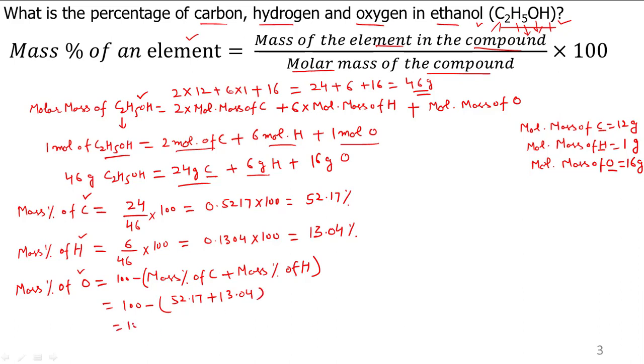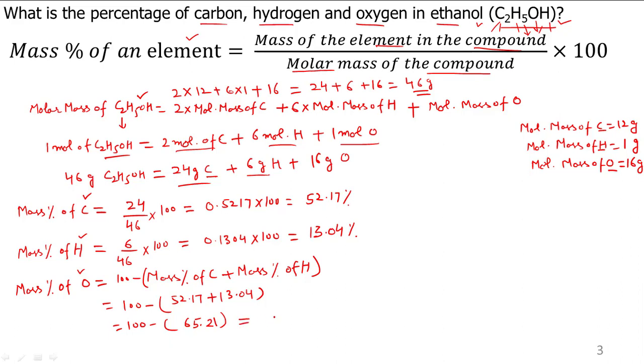So it is 100 minus, let us add: 7 plus 4 is 11, carry over 1. 1 plus 1 is 2. Now 3 plus 2 is 5. 5 plus 1 is 6. So we have 65.21.